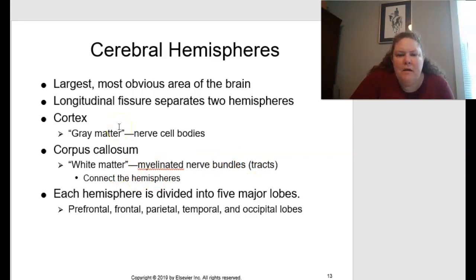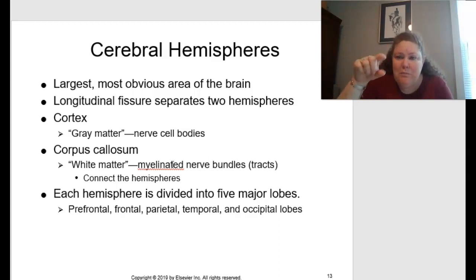Now, the reason we have the myelinated nerve bundles is that myelination makes the signal go faster. It's kind of like insulating fiber optic cables, right? That's how I remember that it's the white matter, because your oligodendrocytes, which make that myelination, give it a whitish color.